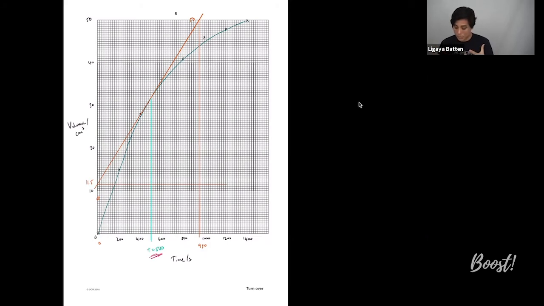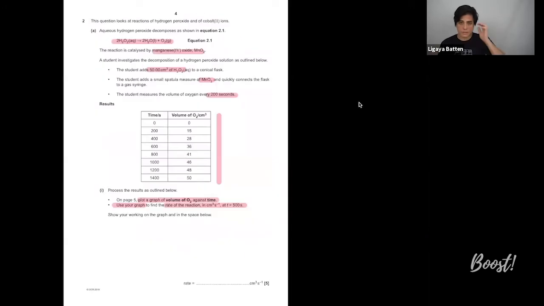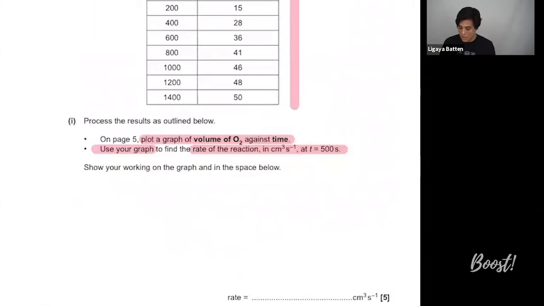The way I calculated it, I got 50 minus 11.5, and then 950 minus 0. You'll probably get a different range of numbers, but if you do 50 minus 11.5 over 950 minus 0, I got 0.0405, which gives me 0.041 to 2 significant figures, but there's no specification on that.